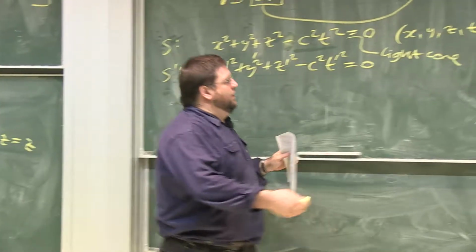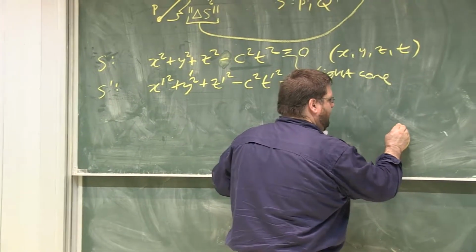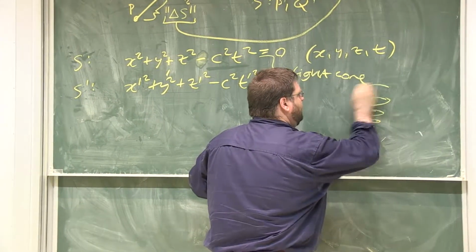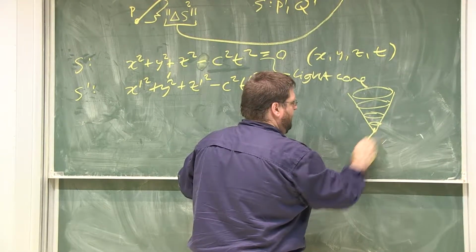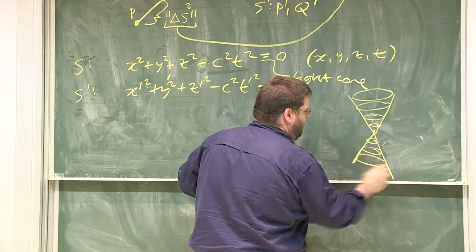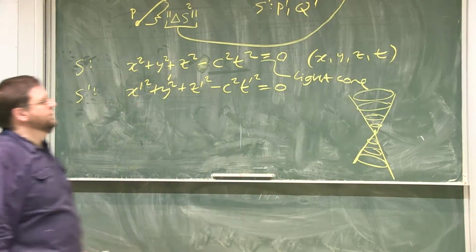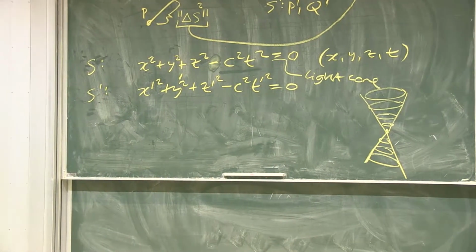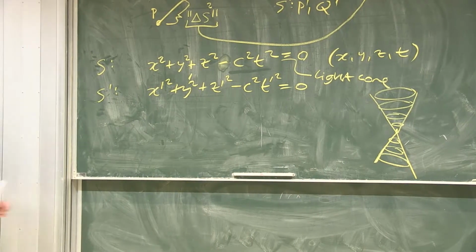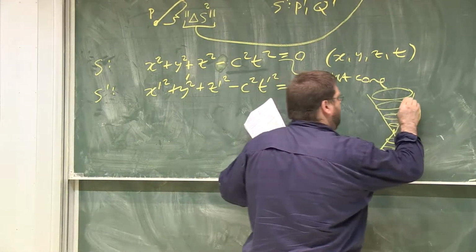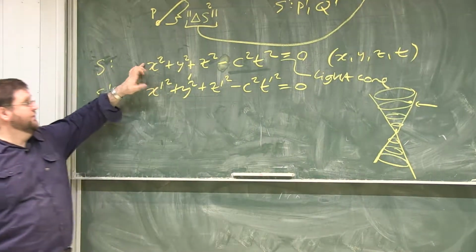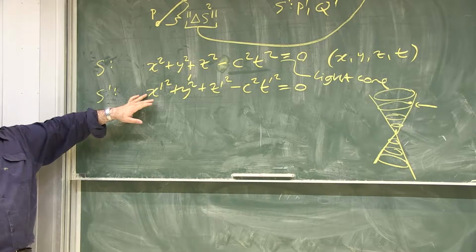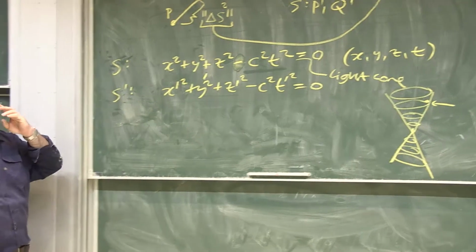If we had two rather than three spatial dimensions, you'd have something like this, an expanding circle of light. You can see why it's called the cone. And if we go back in the past, you have the so-called backwards light cone. But this is a surface in space-time, and you pick a point on that surface, and you coordinatize it with x, y, z, t if you're in S, or x prime, y prime, z prime, t prime according to S prime.